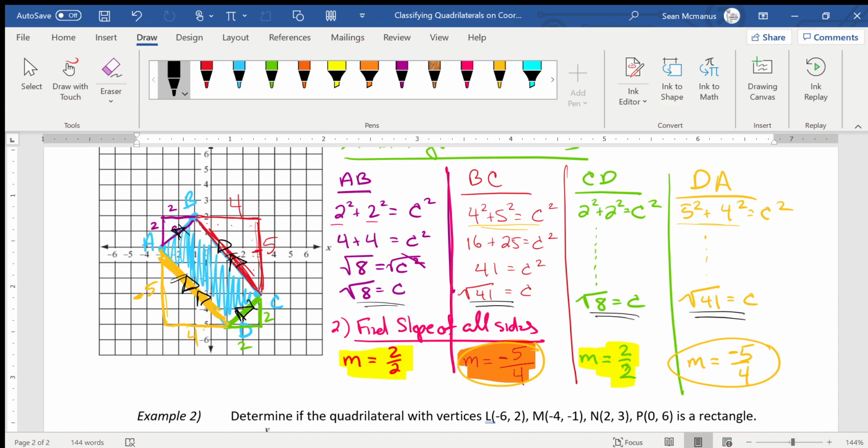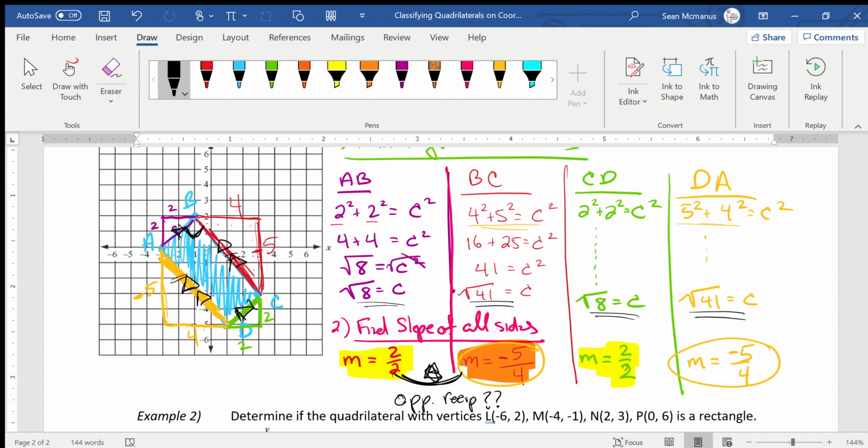So remember, I have to look and see, are these angles right here 90 degrees? So between AB and BC, are these opposite reciprocals? Well, AB, the slope was 2 over 2.